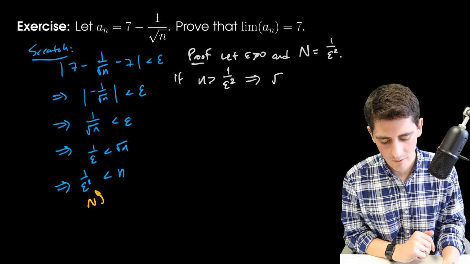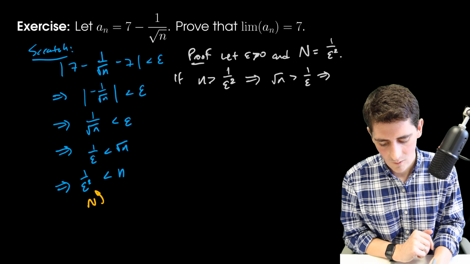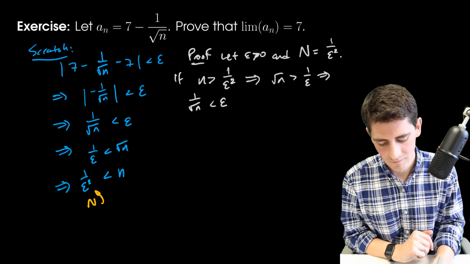That means then the square root of n is greater than 1 over epsilon, which means that 1 over root n is less than epsilon.